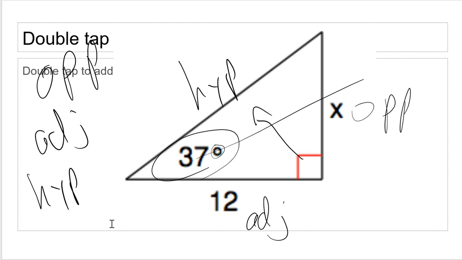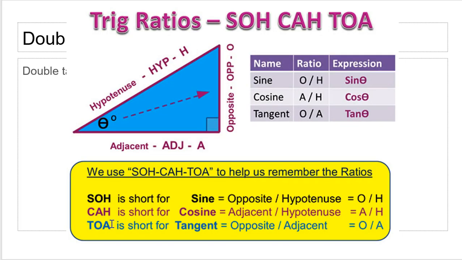We're going to bring in three new terms that you're going to need from your calculator. They're on your calculator, depending on what kind of calculator you have: sine, cosine, and tangent.